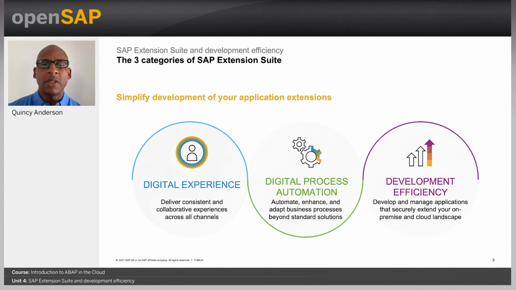Generally speaking, development efficiency services have to do with the development of applications and extensions. Digital experience services have to do with the end-user visualization of applications and extensions. And finally, digital process automation services have to do with the automation and enhancement of a business process execution.